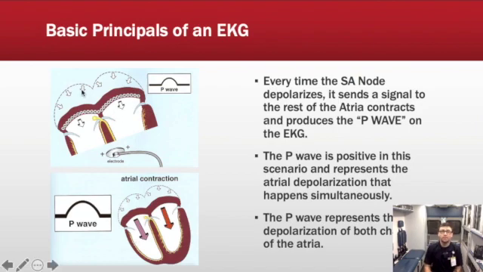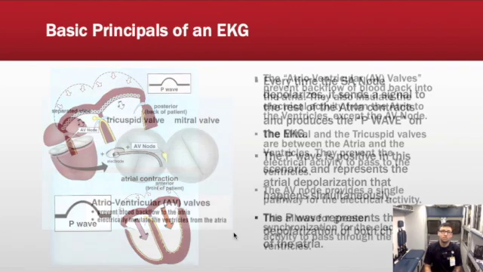So the SA node's firing, and it's causing depolarization through the right and left atria at the same time. When you see this P wave, just know the atria are firing and pushing the blood that's in the atria down into the ventricles. Again, P wave, positive. It starts in the SA node, fires across these membranes, and then pushes this blood down into the ventricles.